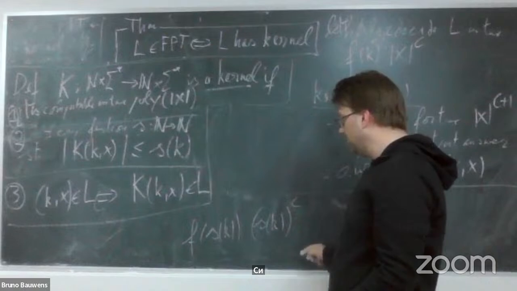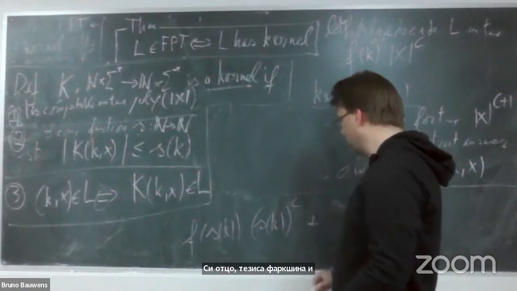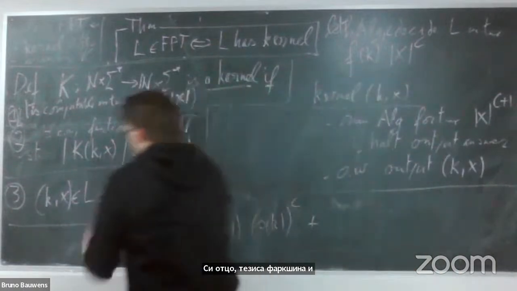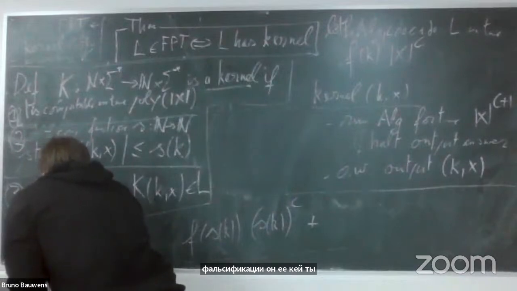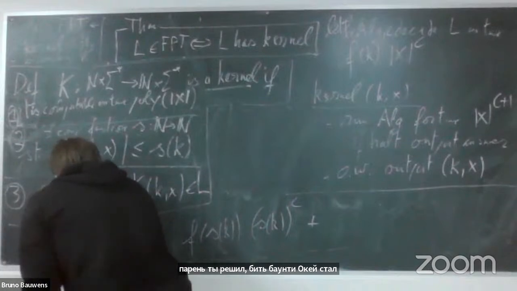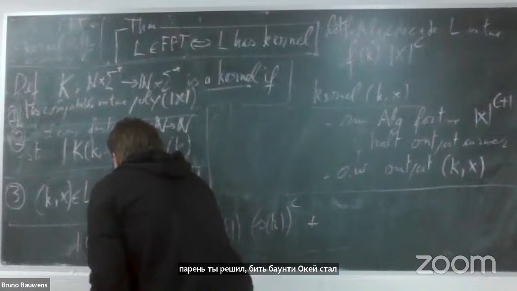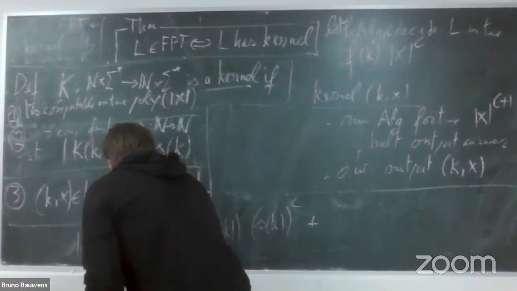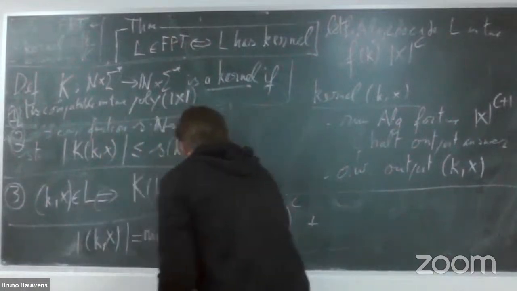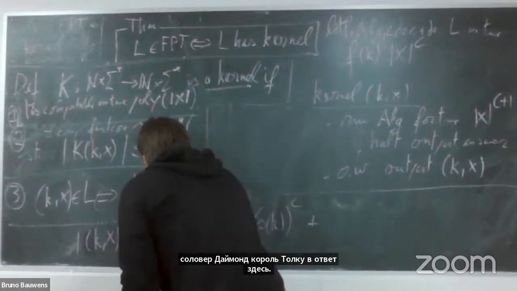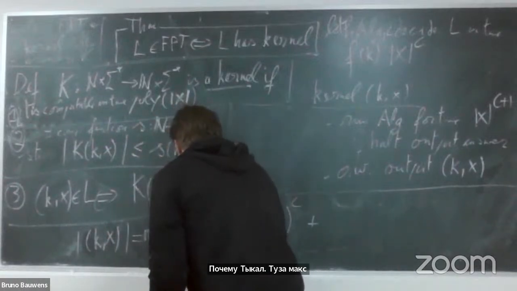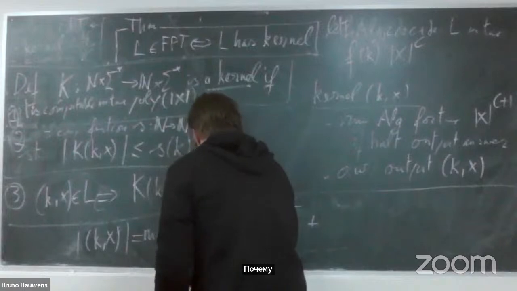The parameter should be bounded by what? Okay, so when I said that the size of (k, x) is smaller than, so what is this? It should be equal to the max of k and length of x.